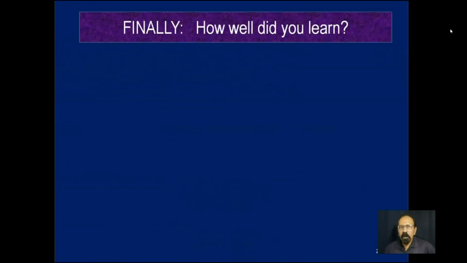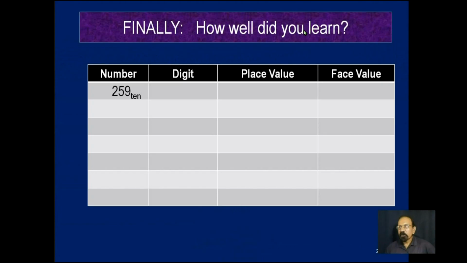Okay, finally, how well did you do? 259 in base 10. This 2 here, what is its place value? Well, that one will be 10 to the 0, 10 to the first, 10 to the second. So that will be 100, 10 times 10, 100.